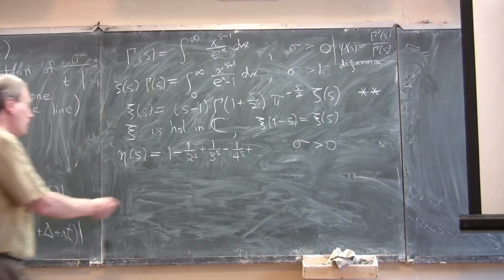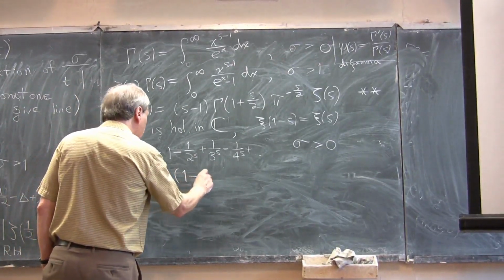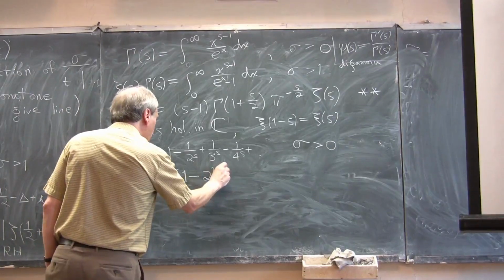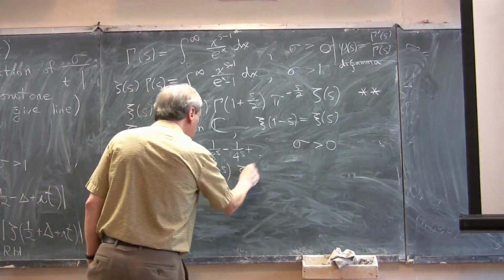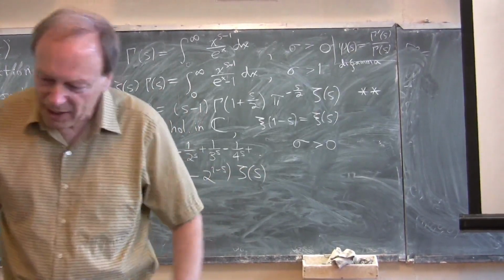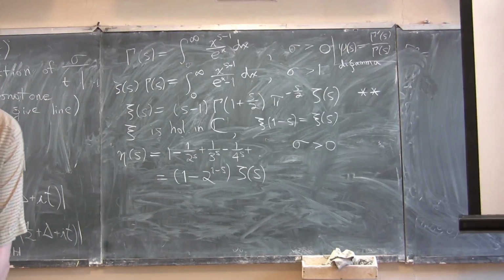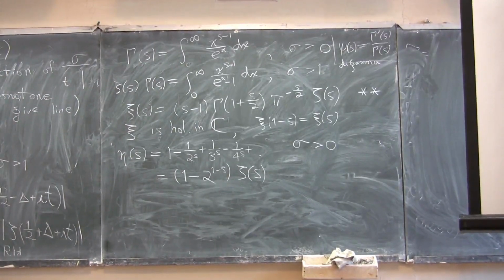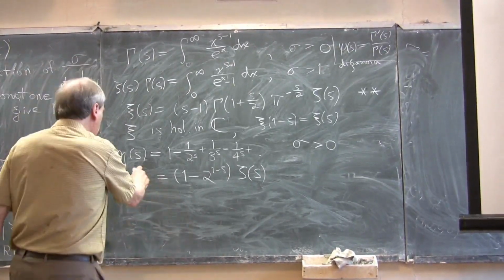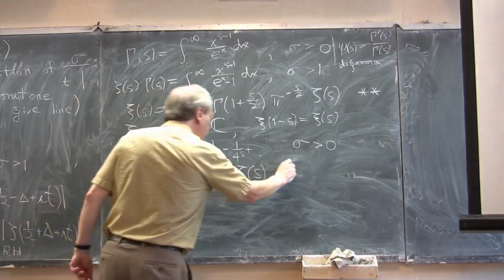And you can also write this: eta of s is 1 minus 2 to the 1 minus s times zeta of s. It's fairly easy to prove this. I hope I got that right. 2 to the 1 minus s, yeah. And I'd like to use this equation, call that one star.